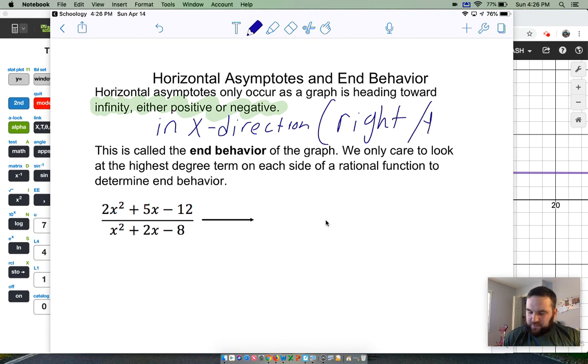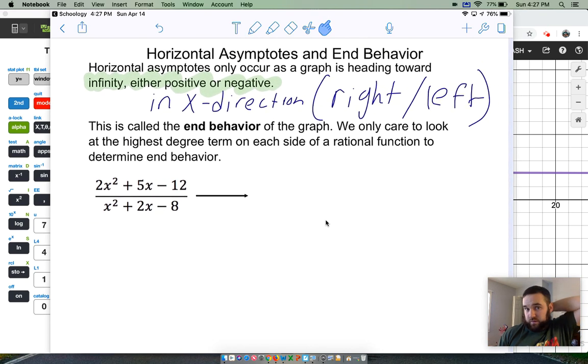So you can't have a horizontal asymptote in the middle of the graph, because it has to continue on forever, either to the right or to the left. So you're looking at the edges of the graph to find your horizontal asymptotes.